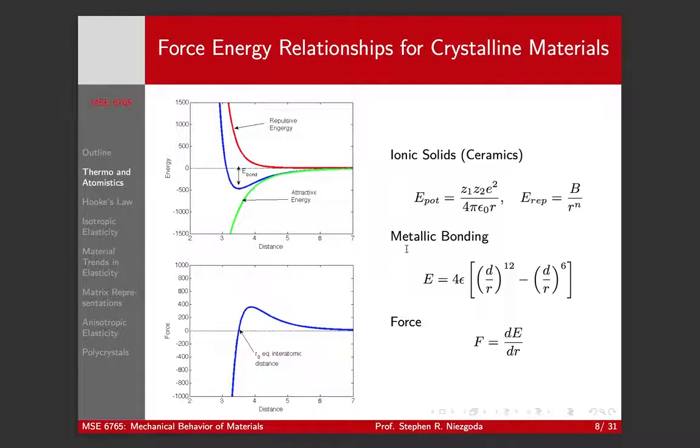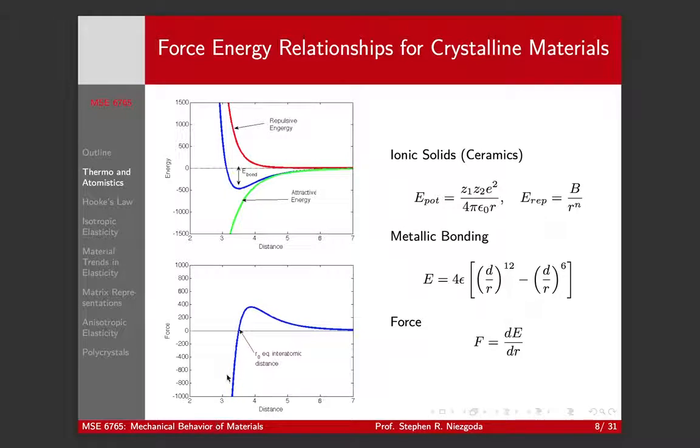For metals, we typically do a Lennard-Jones or some other similar type potential. But the main idea is that your repulsive energy needs to decay faster than your attractive energy.